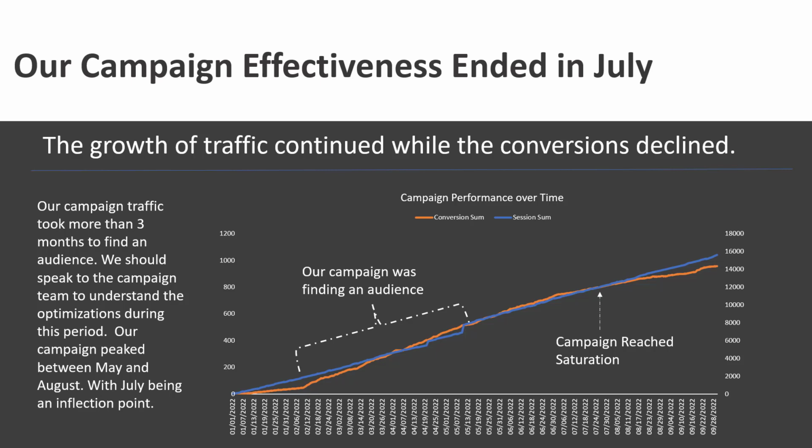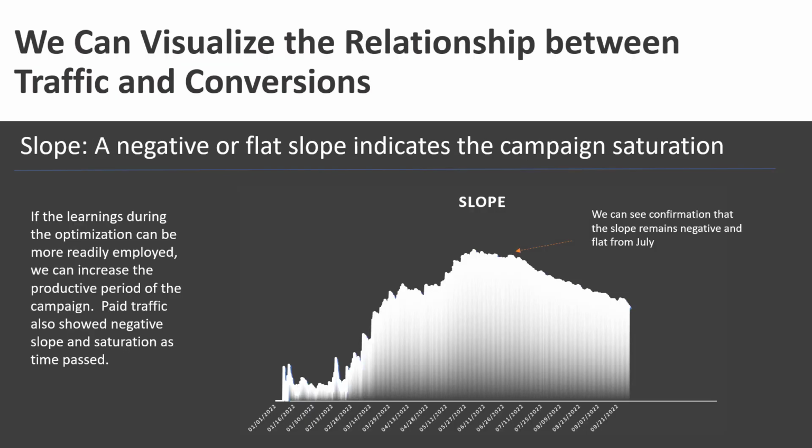So we also wanted to see if this affected overall traffic. So we can see that there is a negative slope. We were able to model the relationship between all traffic and our conversions. And we can also see a similar pattern where there's a growth period for the first 3 months.